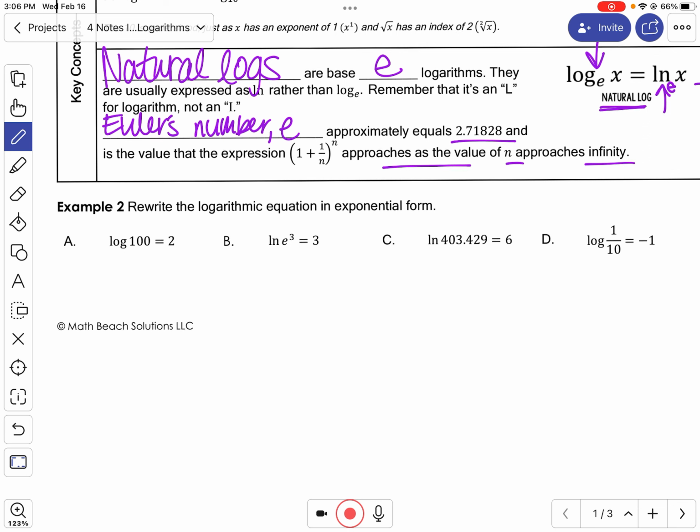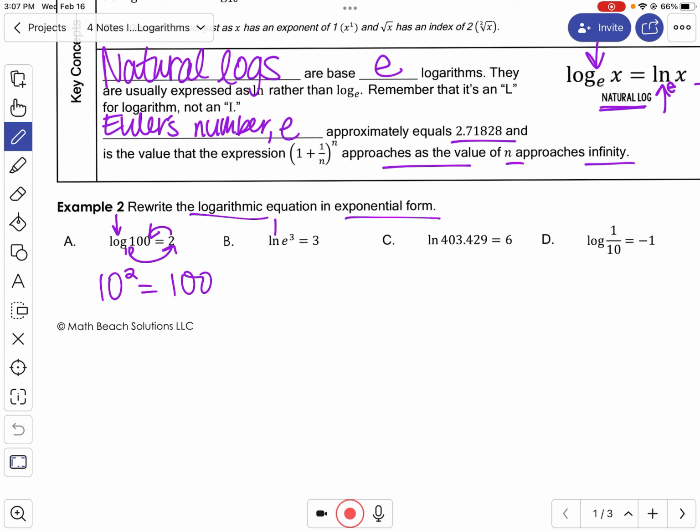All right, so this next part, we're going to rewrite the log equations in exponential form. So notice this just has a log with no little subscript base. So that's called a common log. The base is 10, which will be your base, raised to that power, 2 equals 100, which is true. 10 times 10, 100.